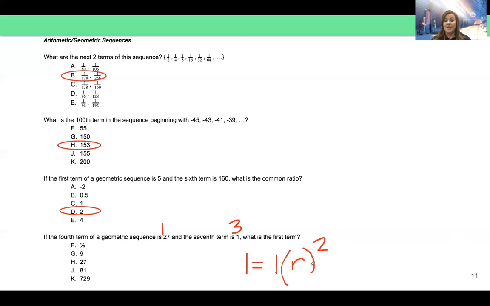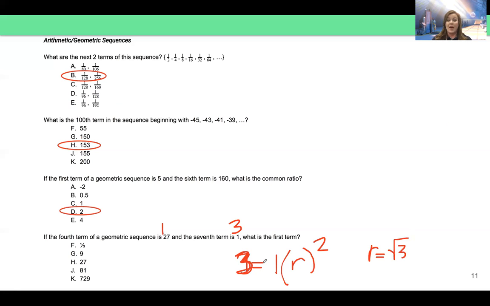Divide by 1, I end up getting that my ratio is, oh, sorry, this should be a 3. Yep, I messed up. That should be a 3. So I need to take the square root of 3. So my common ratio is I'm multiplying by the square root of 3.